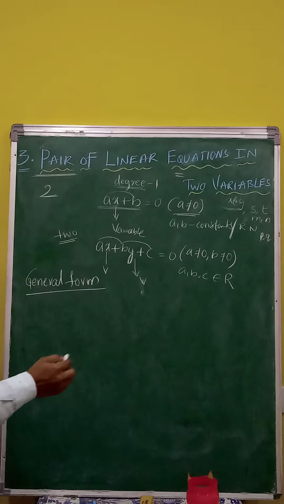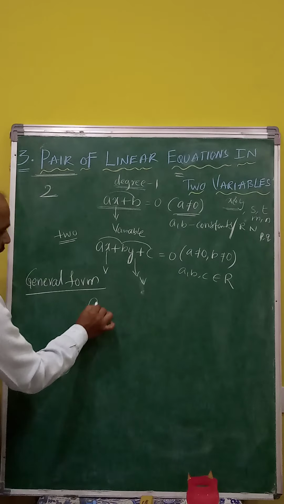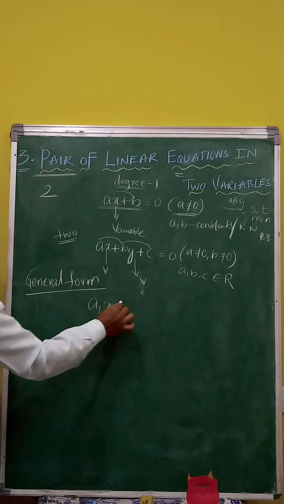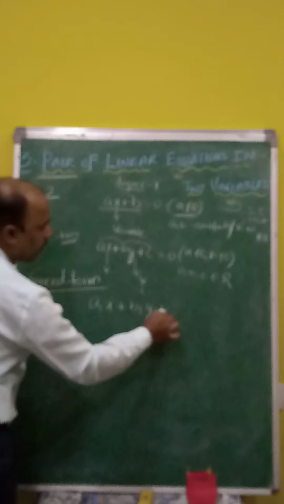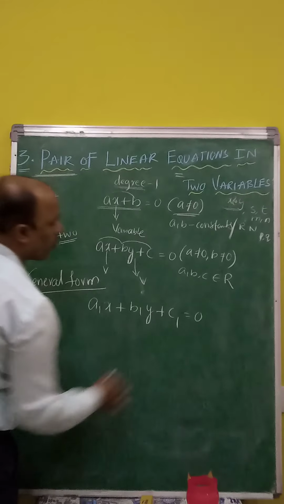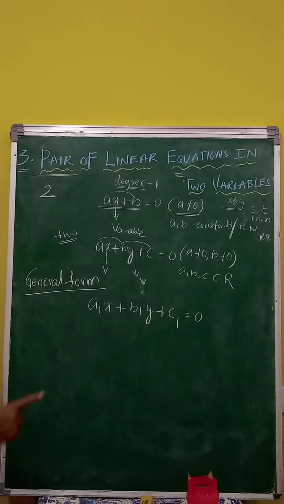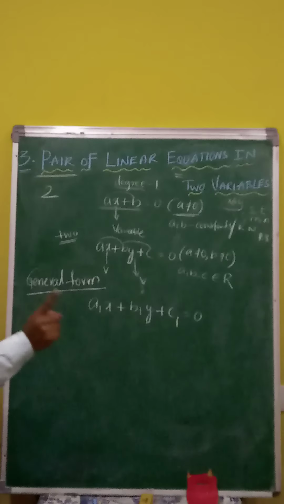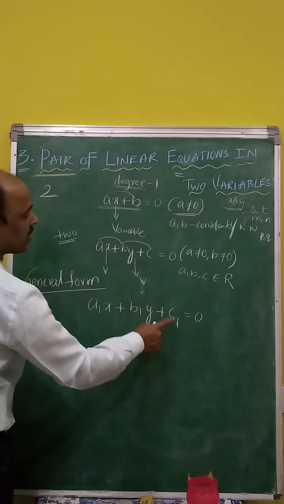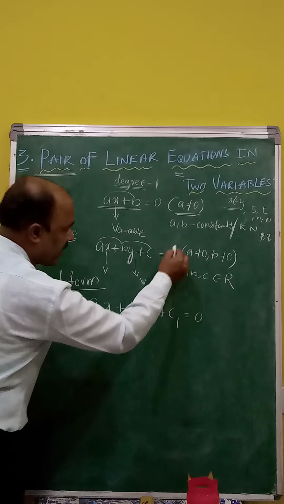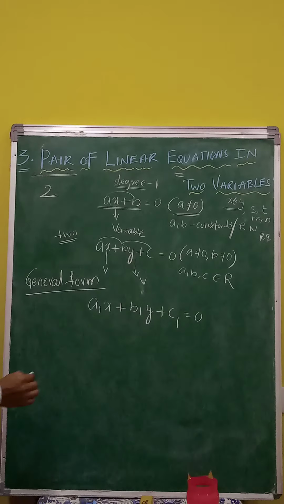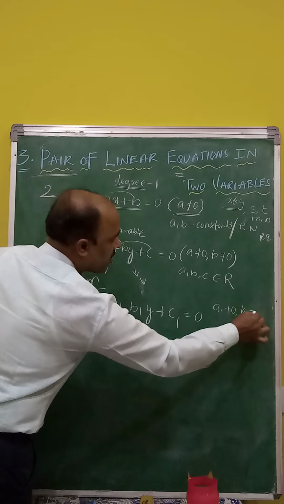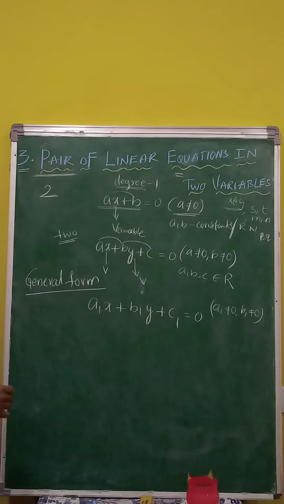In the same way we will write, changing only the coefficients. The first equation in the pair, since two are there, is a1x plus b1y plus c1 is equal to 0. x and y are variables, and a1, b1, c1 are again real numbers. Again the same condition: a1 does not equal 0 and b1 does not equal 0. Then again we come to the second one.